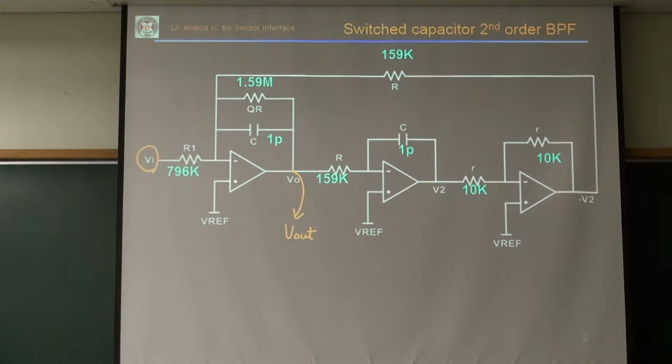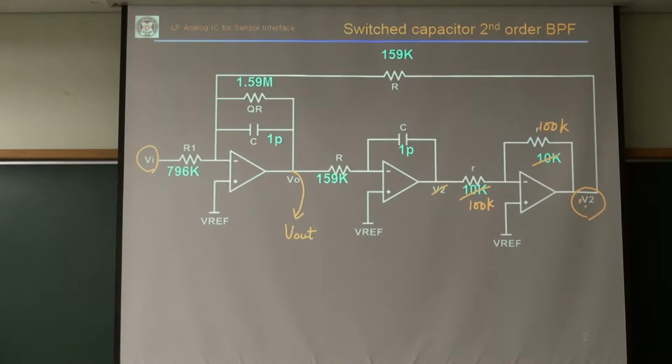So we need, actually this 10K is wrong, right? So yeah, this consumes too much current. So this one is actually minus V2. Oh no, actually this is V2.